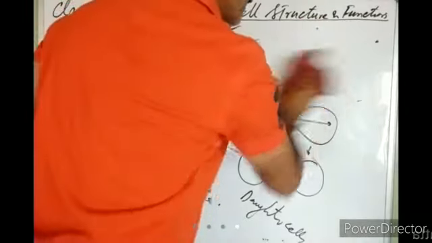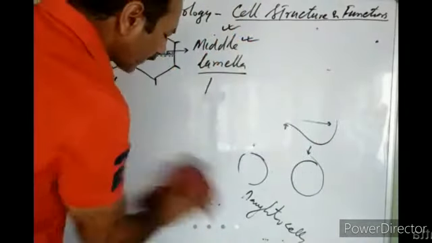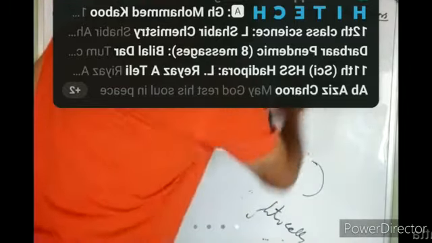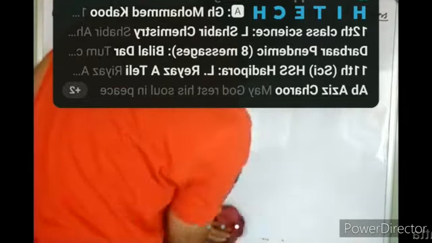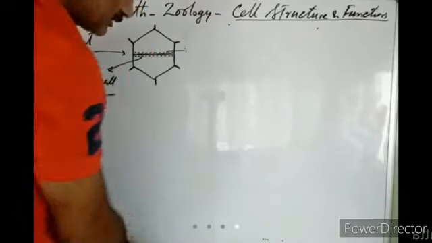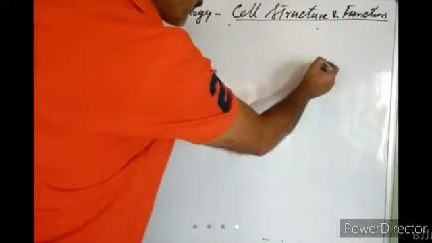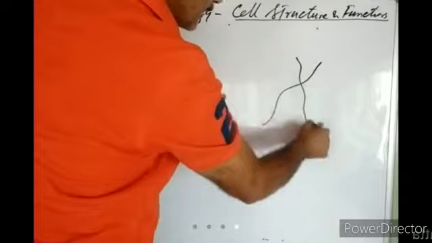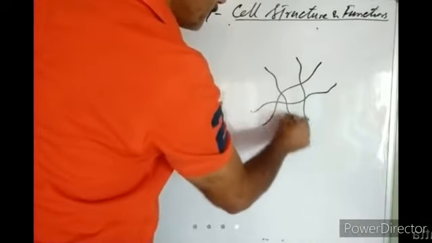This primary cell wall is mainly formed of cellulose microfibrils, which are laid in a gel-like matrix of hemicellulose, and then it is strengthened by some pectin fibers. So first of all, for the laying of the primary cell wall, cellulose microfibrils are formed.